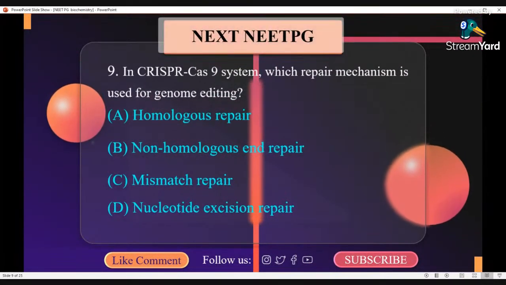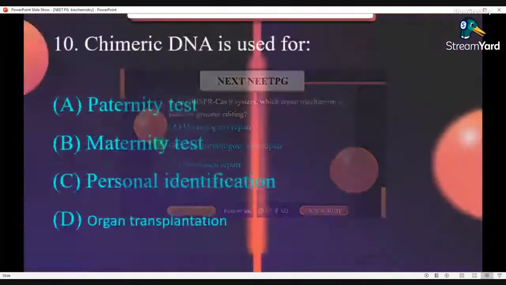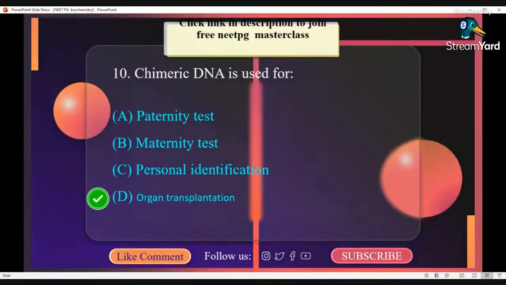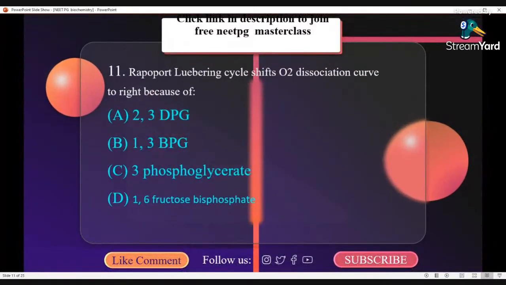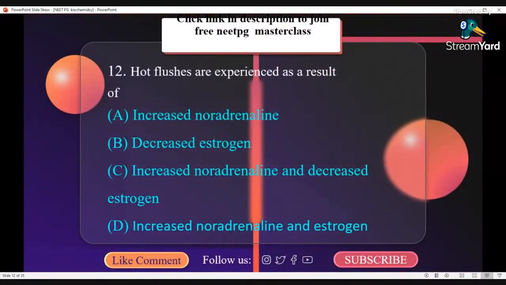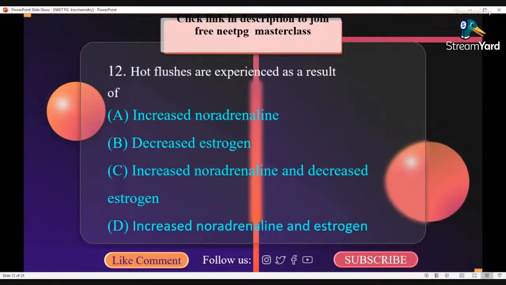Non-homologous end joining. Chimeric organ transplantation. 2,3-DPG. Hot flushes are experienced as a result of increased noradrenaline and decreased estrogen.